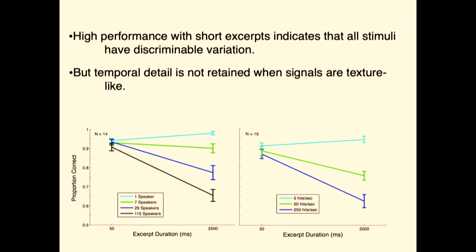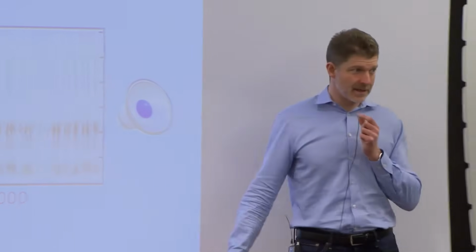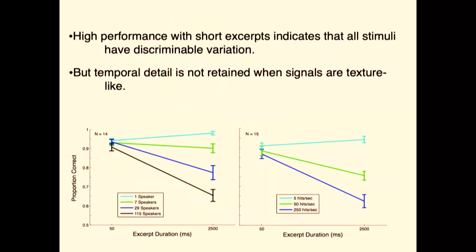All right, so in all these cases, again, the same points apply, right? The high performance with these short excerpts indicates that all of the stimuli contain discriminable variation, right? It's not the case that you can't discriminate these things just because there isn't discriminable detail contained in the sound, okay? So they all contain discriminable variation, but the temporal detail is not retained when the signals are texture-like, okay?